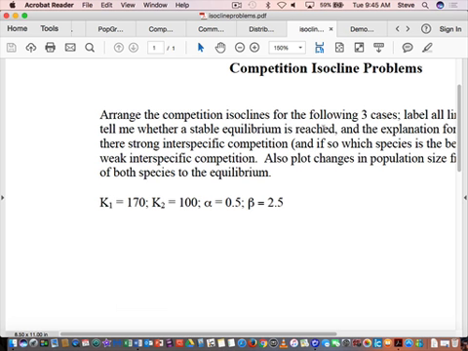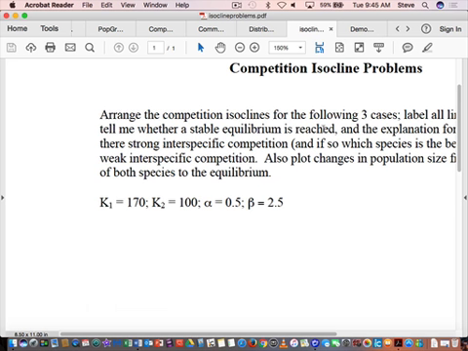It's kind of going up for both. Okay, so now you have crossed the species 2 isocline. What happens when you're above a species isocline in terms of its population growth rate? Is it positive or negative? It's negative. You're still below the species 1 isocline, so it's positive.